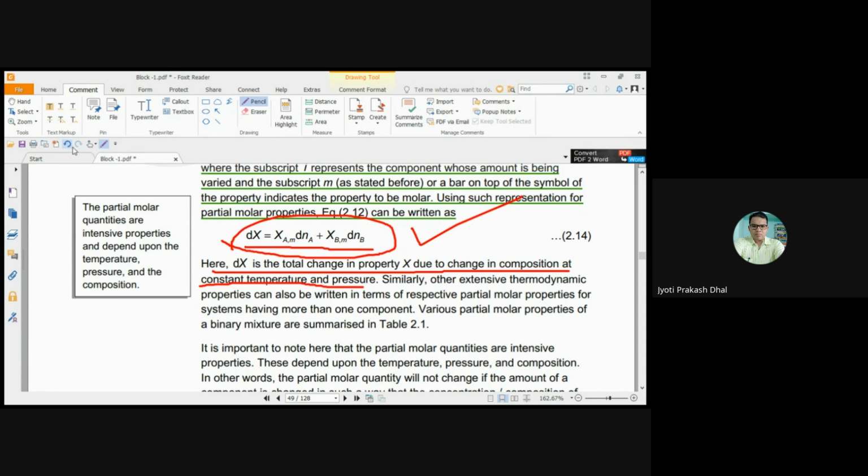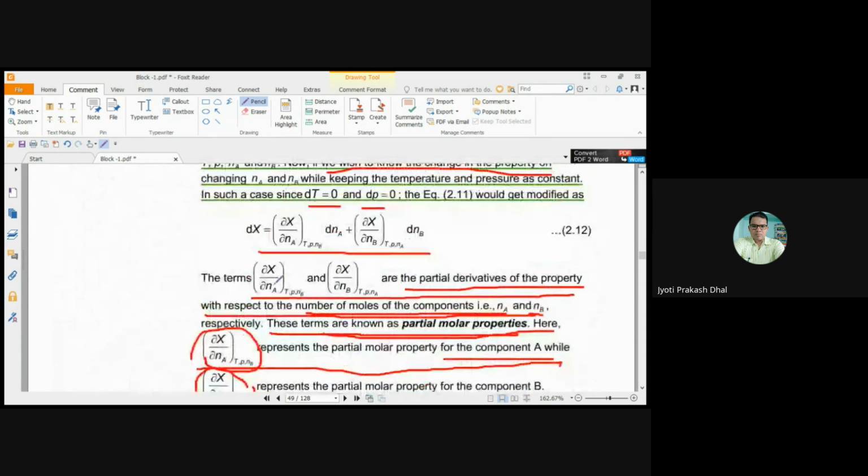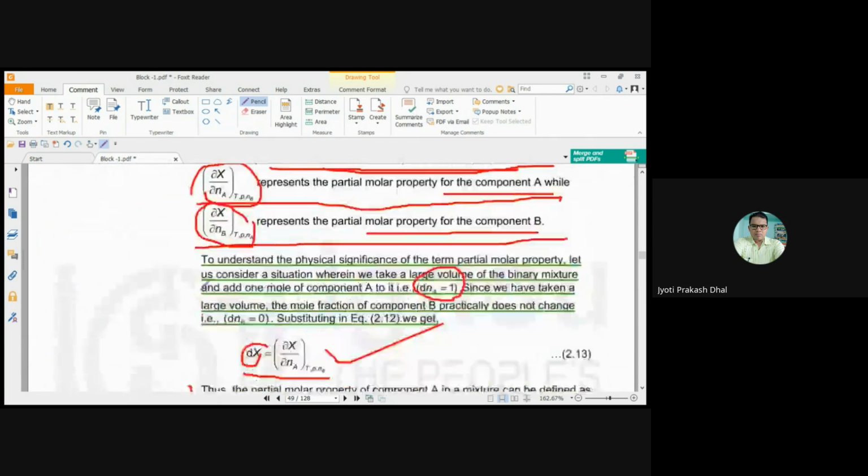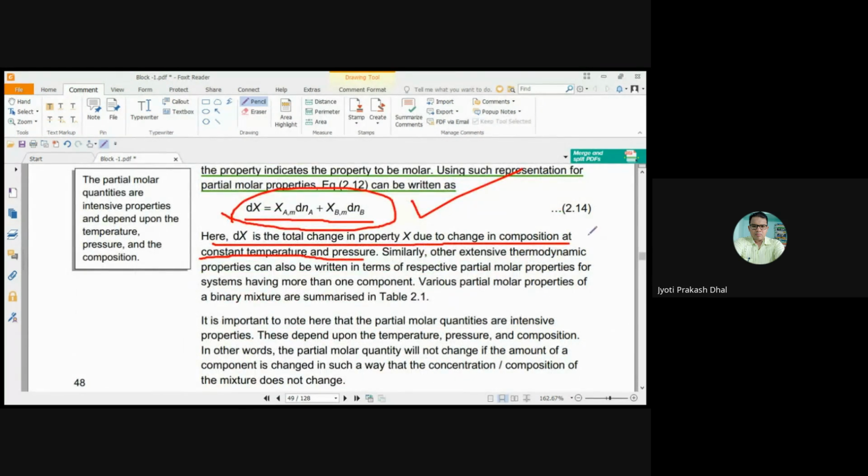As we have considered constant temperature and constant pressure, the first two terms cancel out. So the first term and the second term cancel for constant temperature and constant pressure. So we finally get equation 2.14, that is dX equals the partial molar property of A into dnA plus the partial molar property of B into dnB.